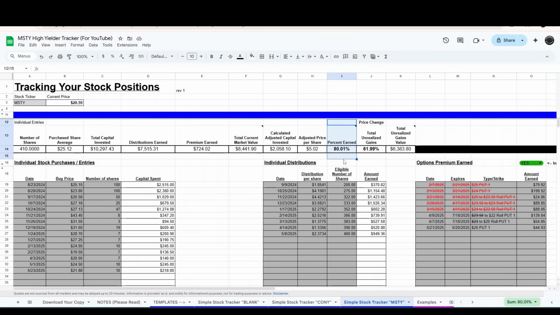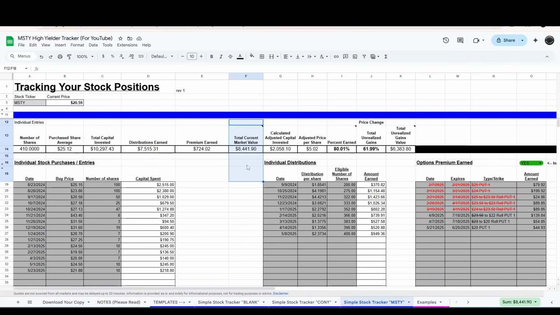That definitely looks a whole lot better, and it helps you better understand where you're actually at in your position. Because before, if you're only looking at the average purchase price over here, I'm looking at $25.12 for my average, and I've spent $10,000, but the market value is only worth $8,400.